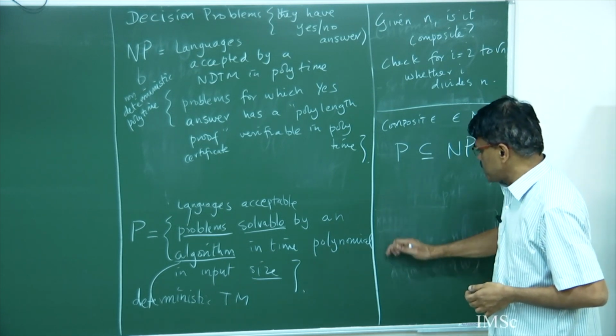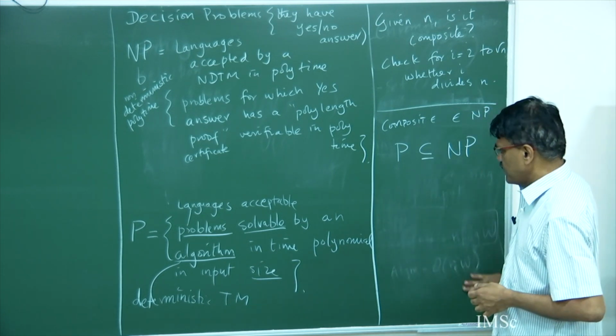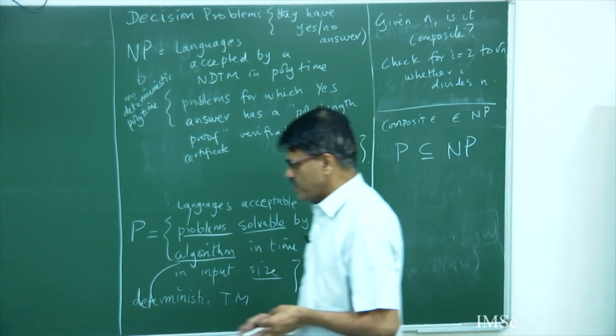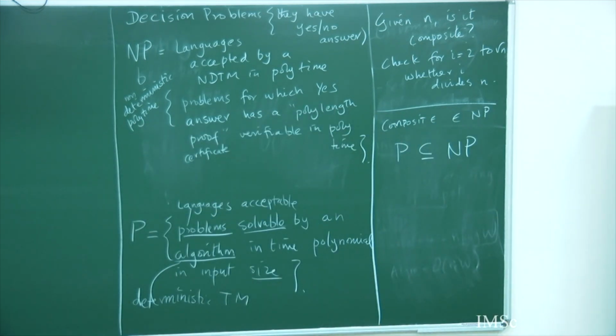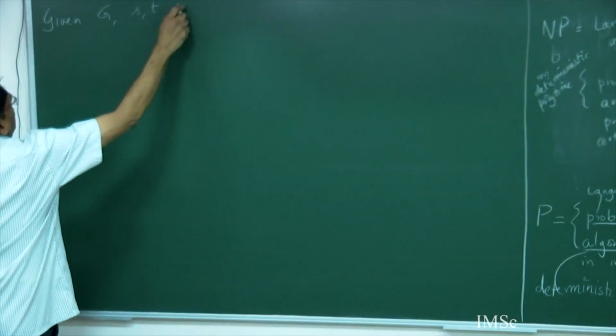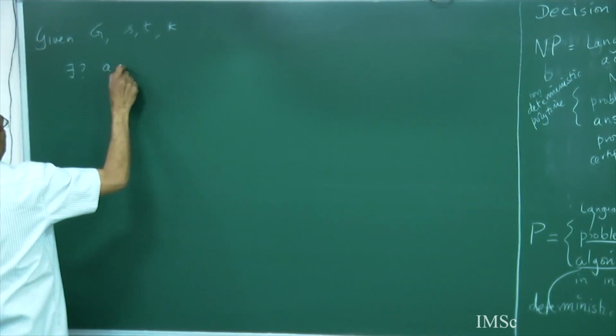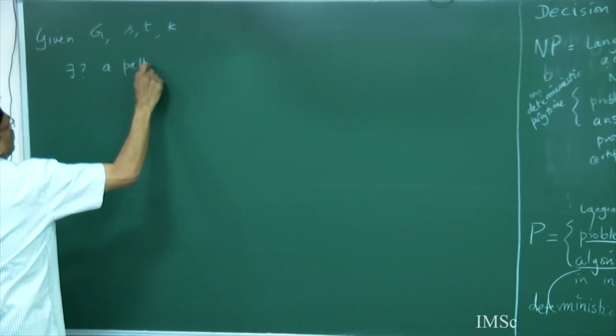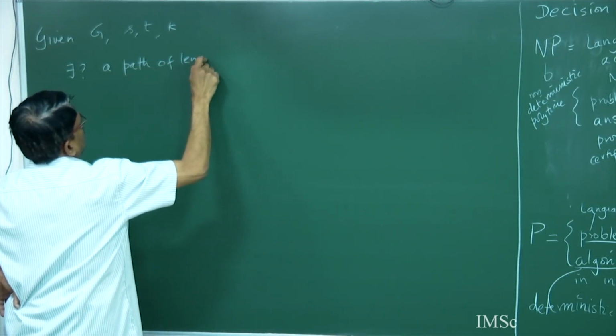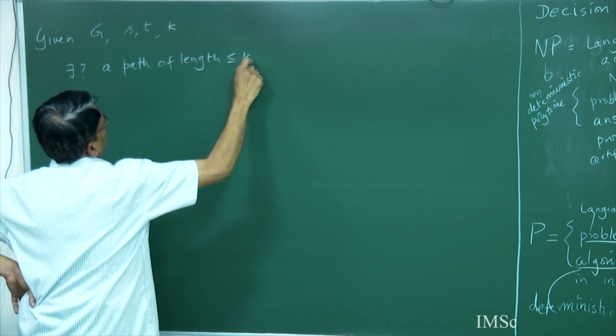Let's look at more examples. In fact, it's useful to know. So given a graph G and two vertices S and T and an integer k, I ask, does there exist a path of length at most k between S and T?